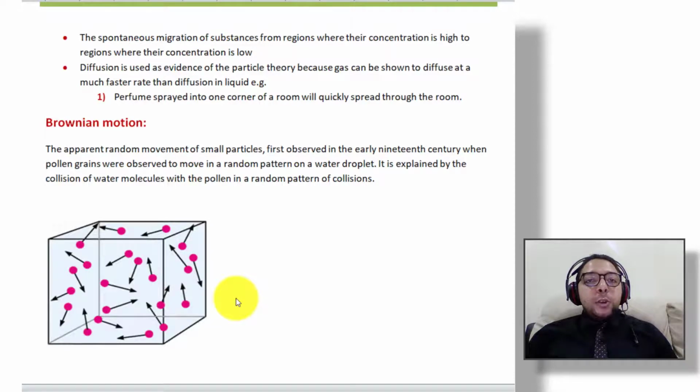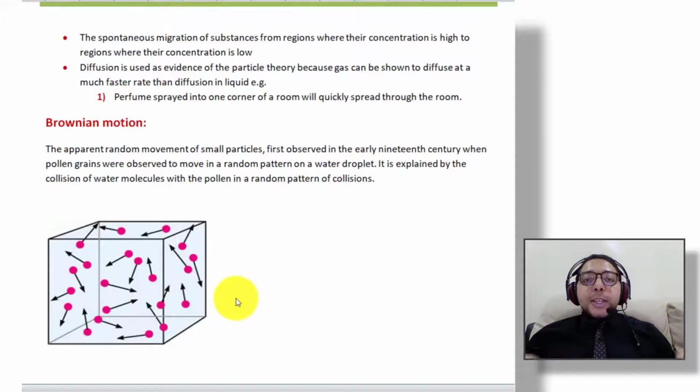When he placed the dust particles in the water under the microscope, he found that the dust particles were moving. Then he said, wait a minute, if I have placed the dust particles, which are non-living, and the pollen grains, which are living, together in the water, and both were moving, then they are not the ones moving by themselves.